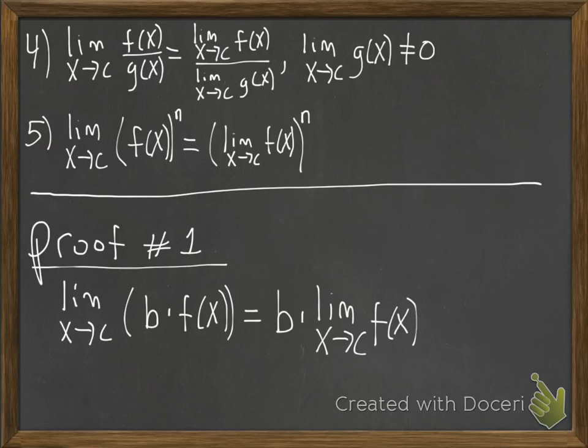Now, taking that one step further, we assumed originally that the limit as x approaches c of f of x is equal to L. So this would be b times L.